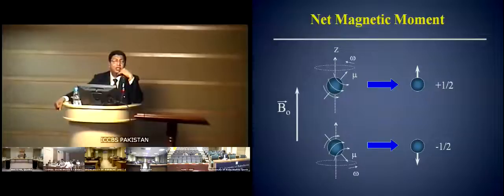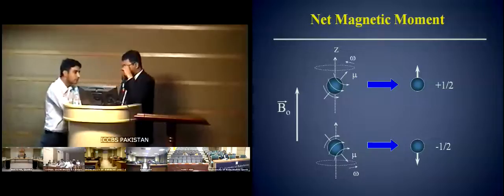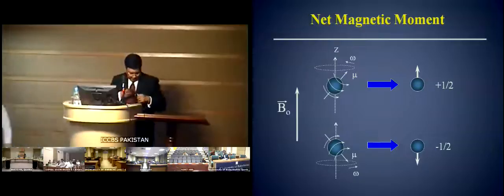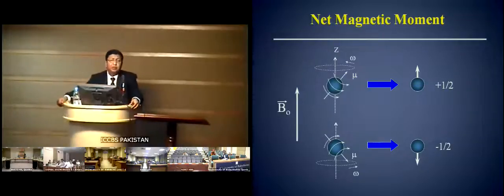Then we also discussed that this is not the only thing which actually happens when you place your sample containing NMR active nuclei under the influence of a magnetic field. The other thing which happens, which is even more important, is a precessional movement of these tiny nuclei around the axis of the applied magnetic field.